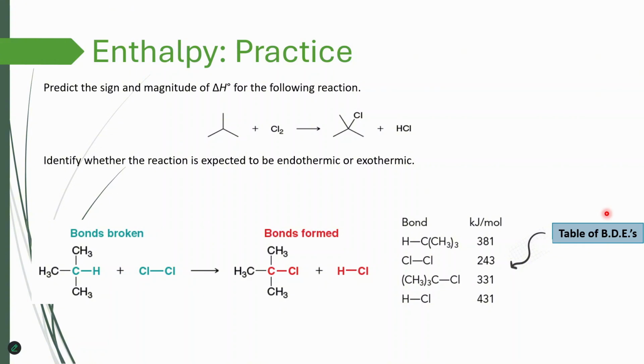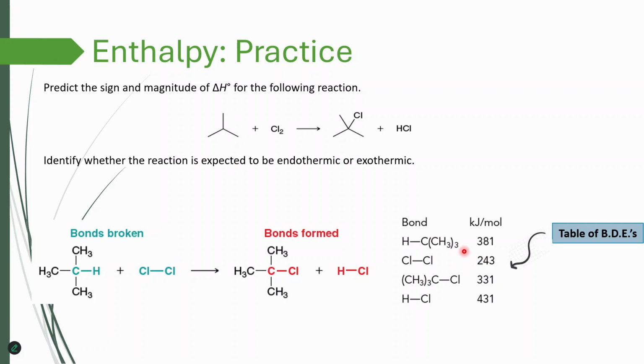So bond dissociation energy, which is defined as the energy required to break a bond, is a positive value. You can find this in an appendix or some kind of table, and you look them up and find that, okay, in order to break this bond, I need to supply this amount of energy, and so on. And in the case of forming a bond, you are changing the sign of this. You are going to put a negative if we are talking about bond forming.